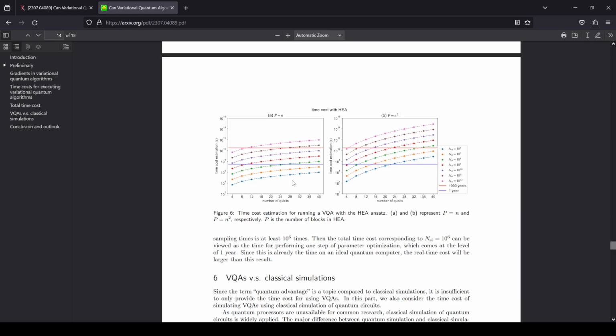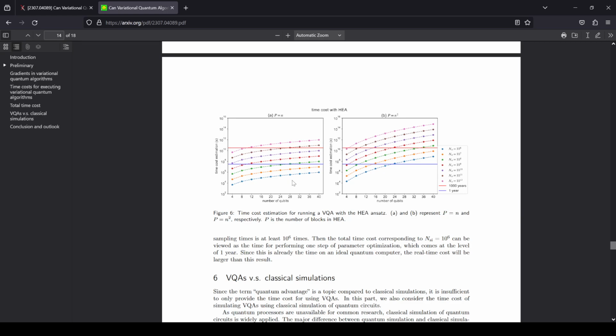So at 27 qubits, which we can trivially simulate on a single small GPU, we're already at a year of variational algorithms.